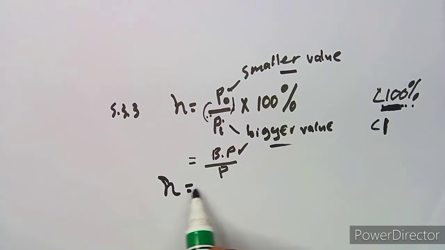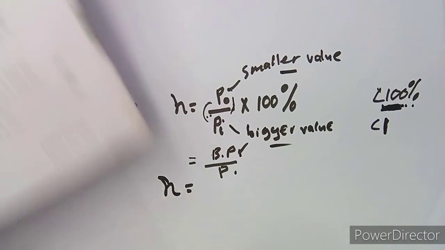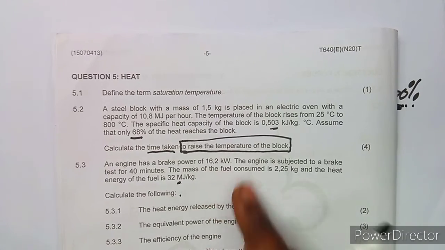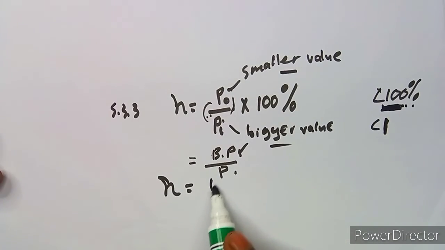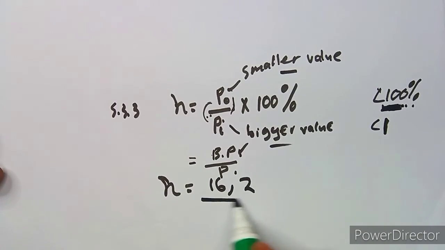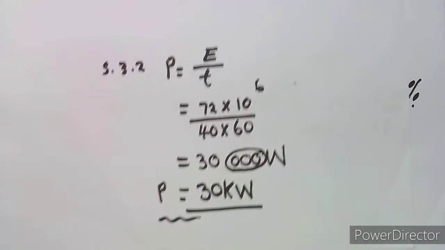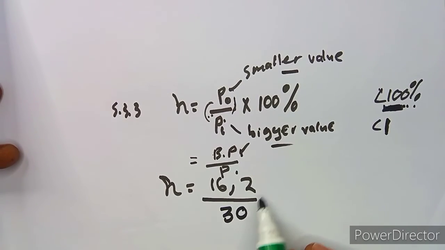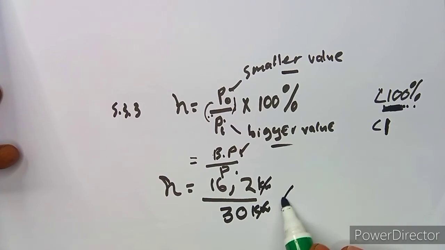But in this case it's brake power over the power. This is your brake power, which is 16.2 kilowatts, over the power that we obtained here, which is 30 kilowatts. These are both kilowatts, so they are going to cancel, so you cannot write them.